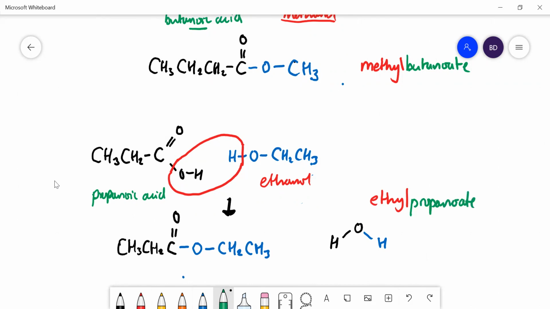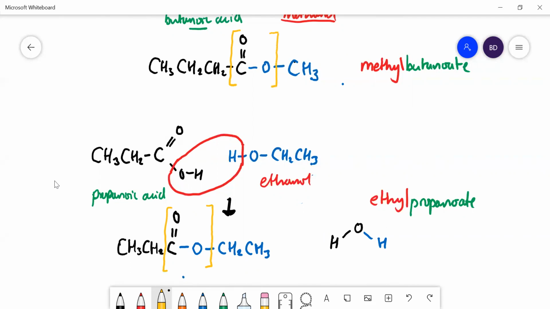Now what is actually forming is the ester functional group. The linkage, which sometimes links two molecules together, is that bit there: carbon-oxygen double bond, single bond to an oxygen, and there's the ester linkage in that particular one.